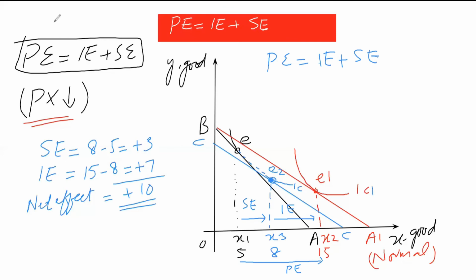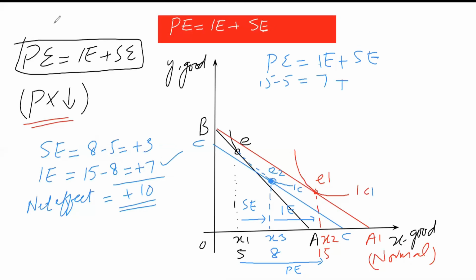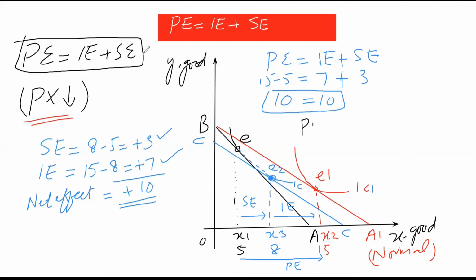We will put the value 15 minus 5, and income effect is 15 minus 8, and that is plus 7, and substitution effect is 8 minus 5, which is 3. Now 15 minus 5 is equal to 10, and 7 plus 3 is also 10. So this proves that price effect is equal to income effect plus substitution effect.